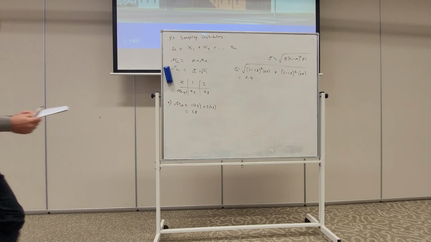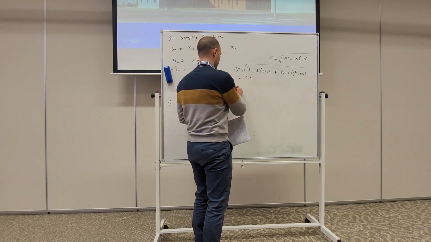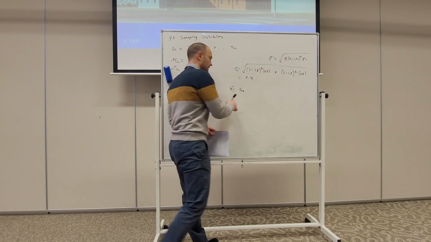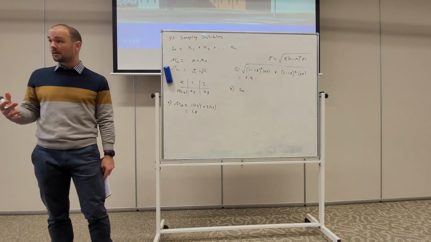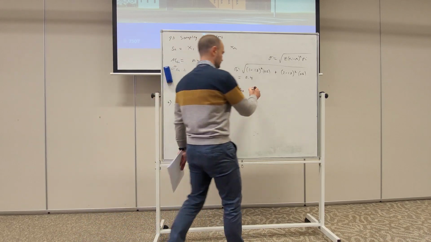Alright, part B says state the meaning of S10. Okay, so S10 is the variable that occurs by adding 10 observations of x together.